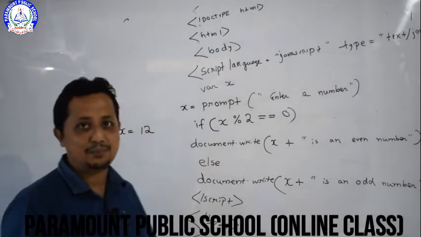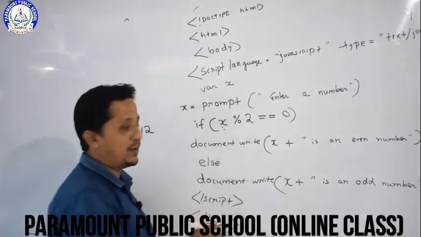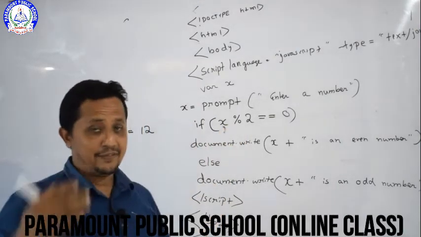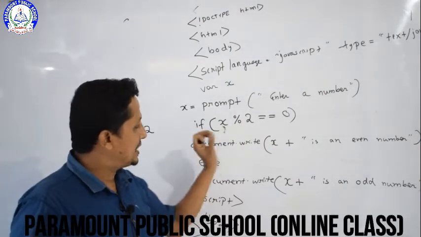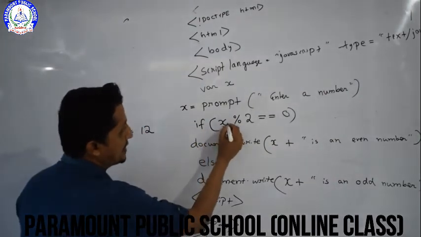Now come to this step. This is a very important one. If x modulus 2 double equal to 0, what does this mean?